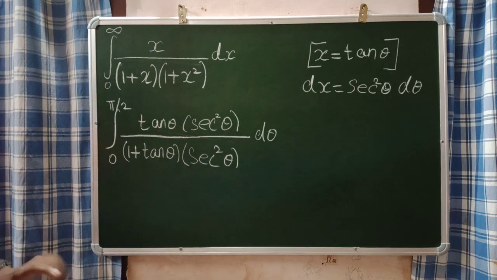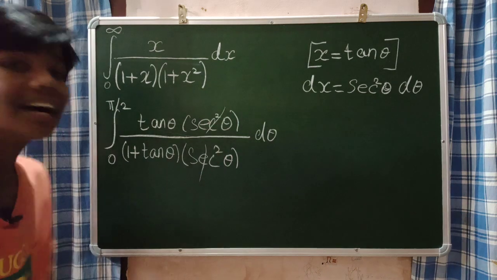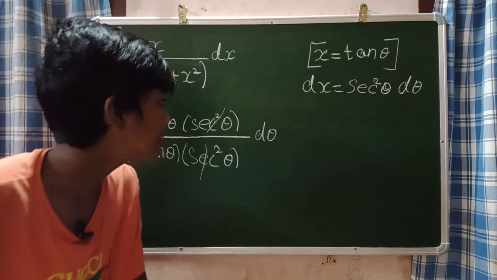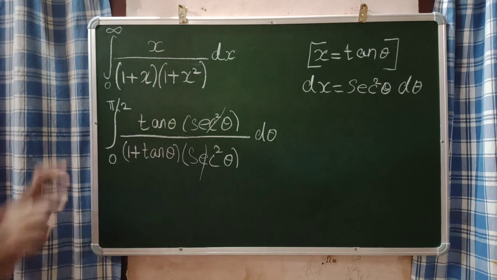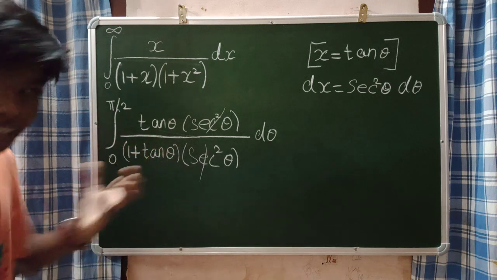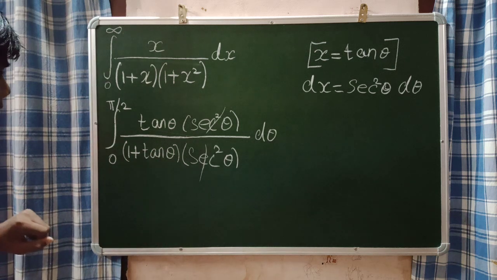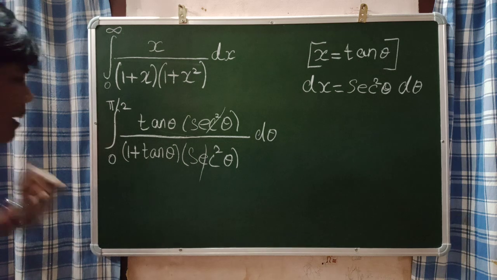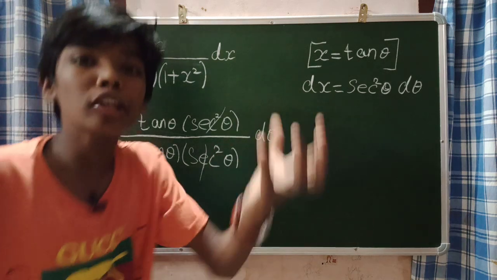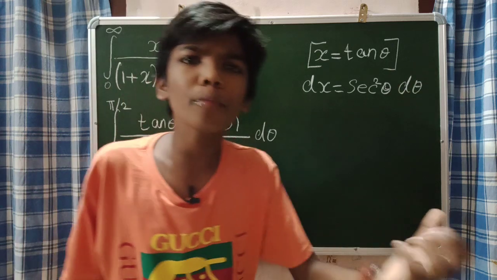Now we can see that the secant square theta will get cancelled, so I am arriving at the simplest integral. Now listen carefully, guys. I am going to write tan theta in terms of sin theta divided by cos theta. Anyway, you guys know, right? Tan theta is equal to sin theta divided by cos theta.